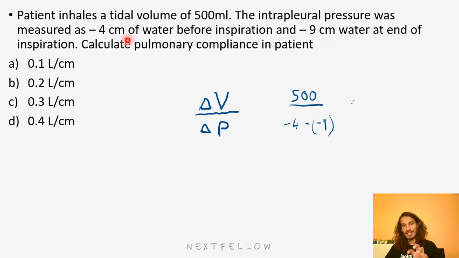If you're looking at it as transpulmonary pressure, that is alveolar minus intrapleural. So intrapleural is negative, negative over negative ends up becoming positive. Ultimately, you don't have to bother with all this. Just 4, 9, what is the difference? 500. So the answer is going to be 0.1 liter per centimeter, that is 100 ml. That's going to be the answer for you.